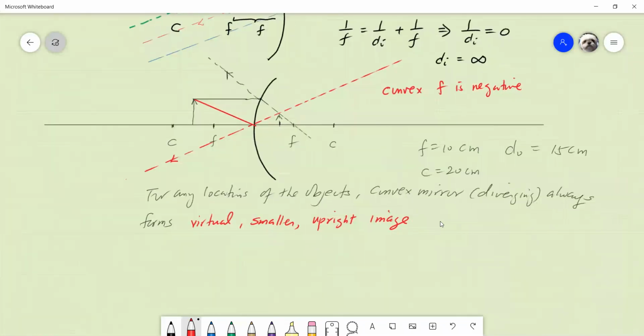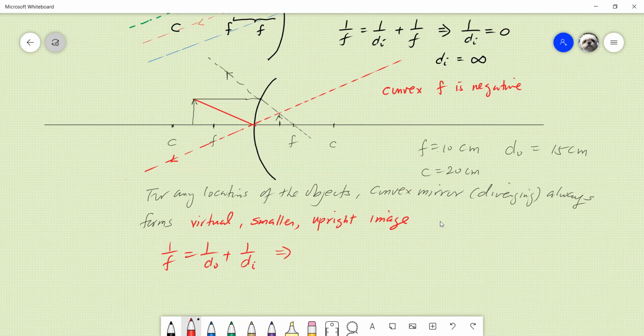Now, I'm sorry, I have 2 minutes overtime, but anyway, I'm going to calculate that. Remember 1 over F equals 1 over DO plus 1 over DI. Remember that I'm using the focal point on the other side, so I should have a negative sign here. DO is 15.